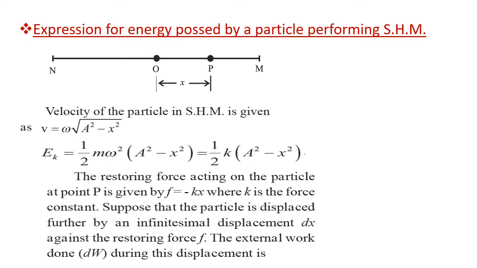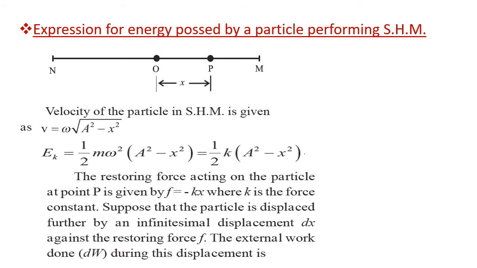Now we know that kinetic energy is nothing but 1/2 mv square. That is the expression for kinetic energy. Now let us substitute the value of v from this equation. So we get kinetic energy, denoted with Ek, which is nothing but 1/2 m, and instead of v we substitute the value of v here.